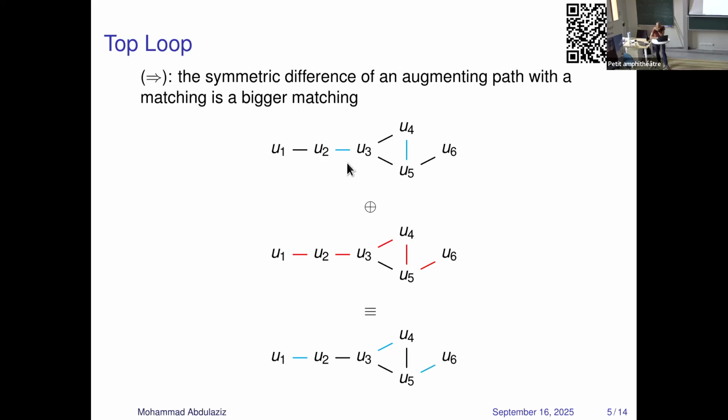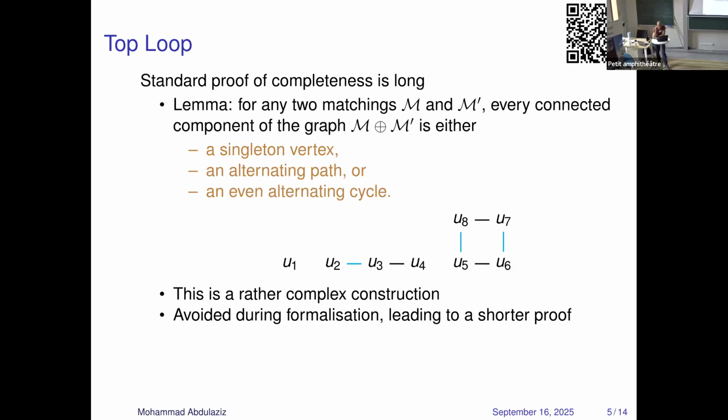The first direction boils down to showing that if you have a matching and an augmenting path, and you take the symmetric difference, this will give you a bigger matching. That was very straightforward to formalize, so nothing interesting to say here. The other direction is the harder one, which is to show that if you don't have an augmenting path, then this matching is a maximum cardinality matching.